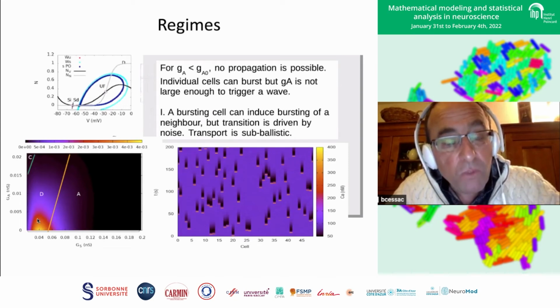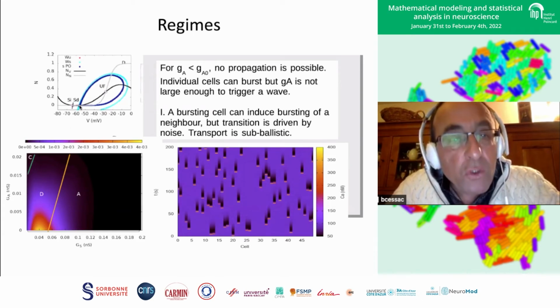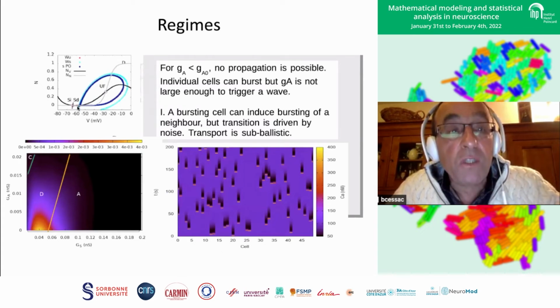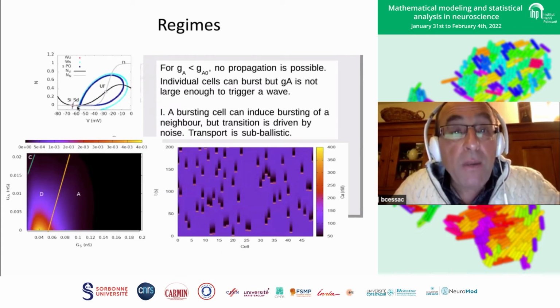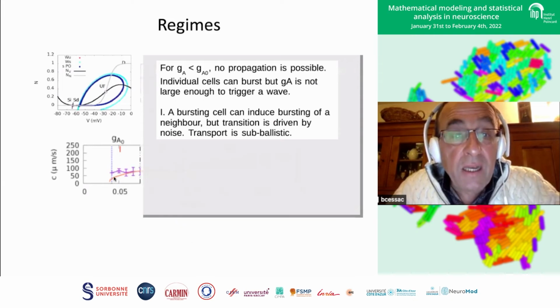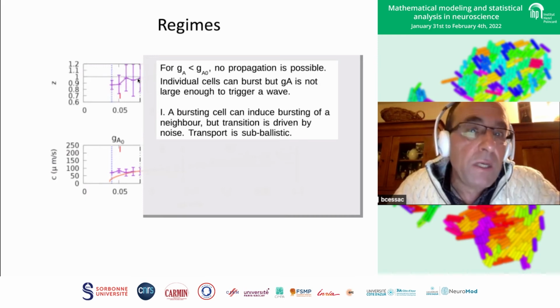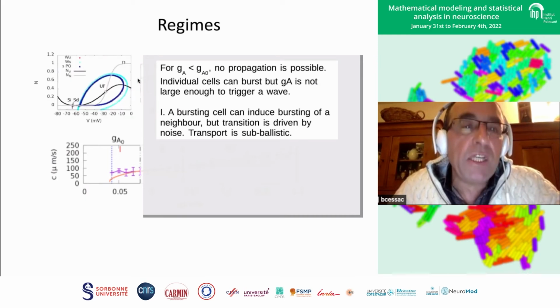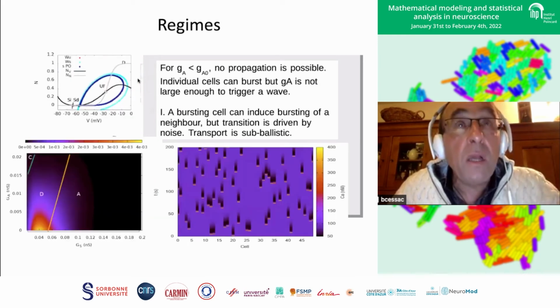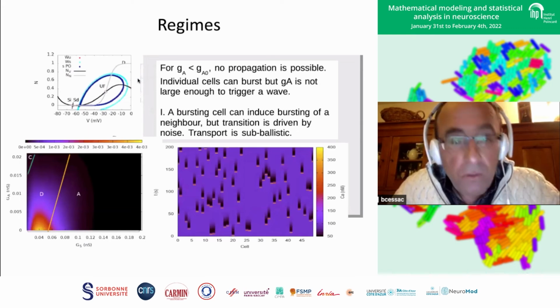You see that the cell spends most of its time in region D, but sometimes it can go there, closer to region C, and you also increase the probability to trigger a burst by noise. This explains why we have this anomalous transport. z is lower than 1 because it's not a classical propagation, it's a propagation by saltation. I don't know how you say that in English, but by jumps.